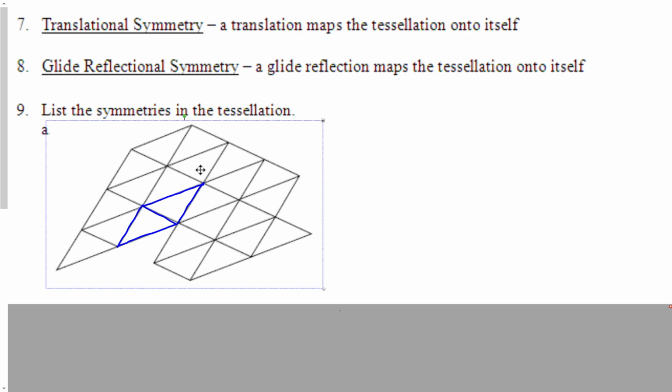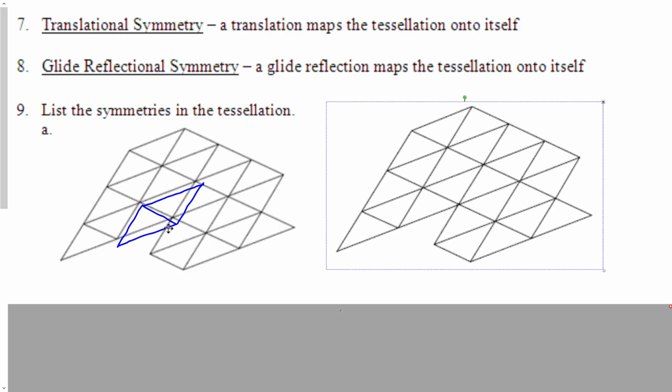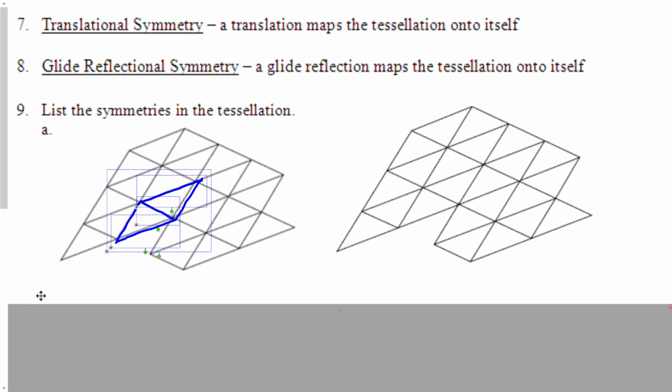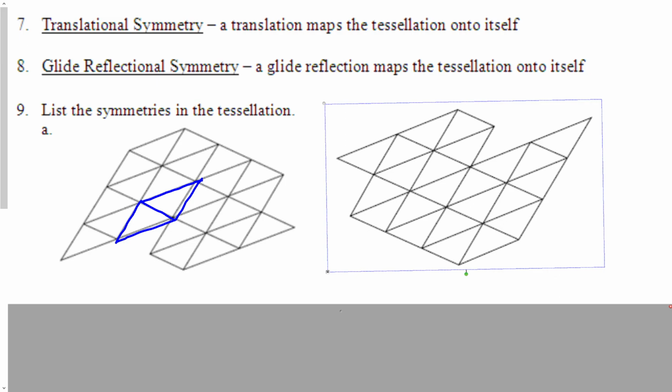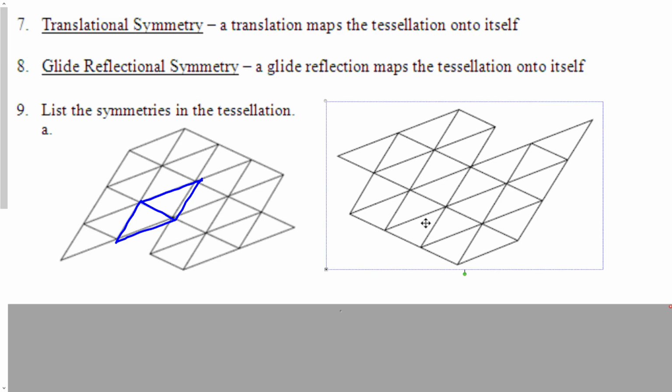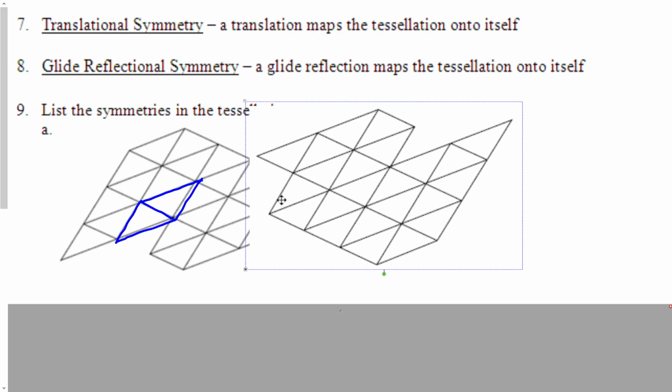Or if I take this whole tessellation and I rotate the entire thing 180 degrees, you notice, and this isn't perfect, but if I were to fill this over, you kind of use your imagination, this would just be a continuation of the same pattern. So this first one has 2 different types. It has translational symmetry and point symmetry.